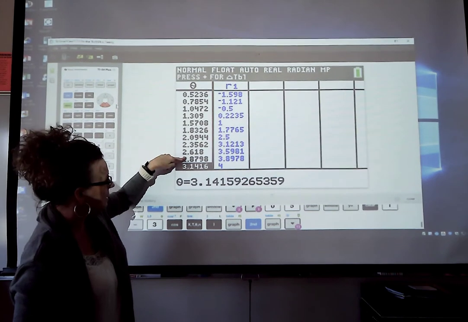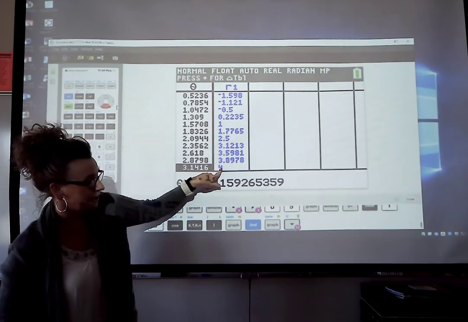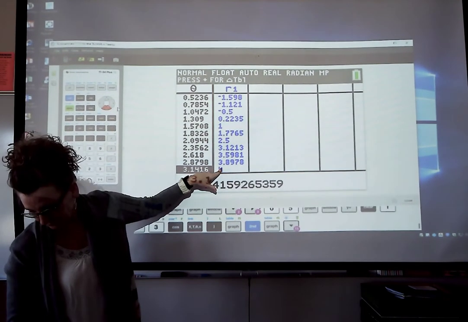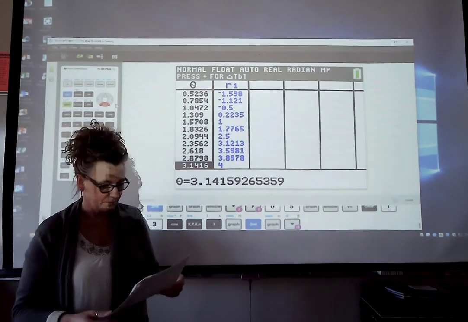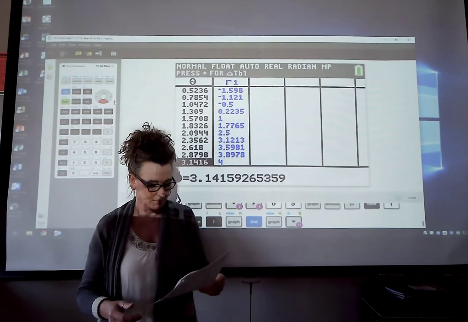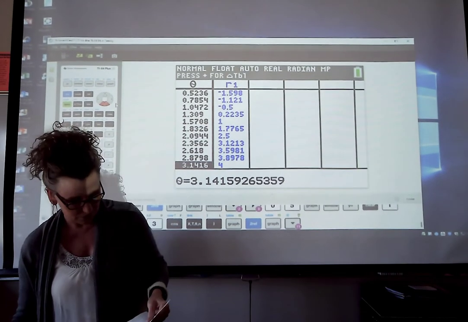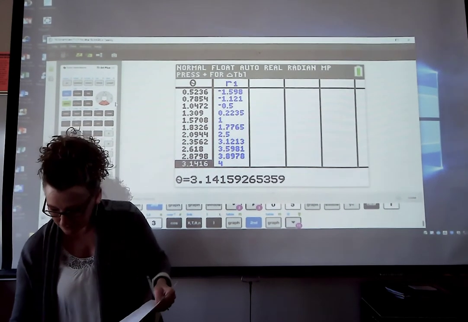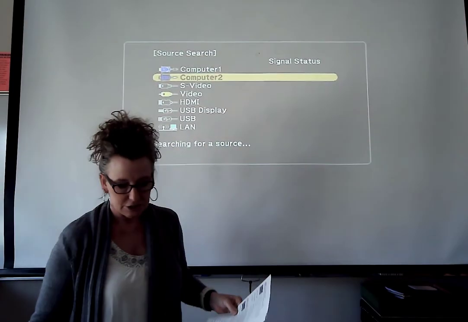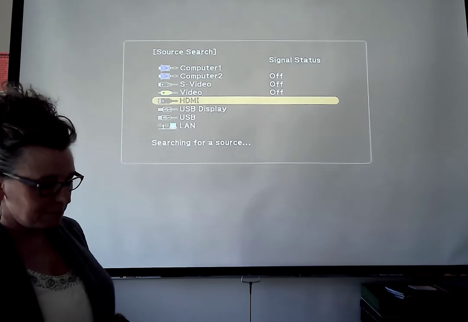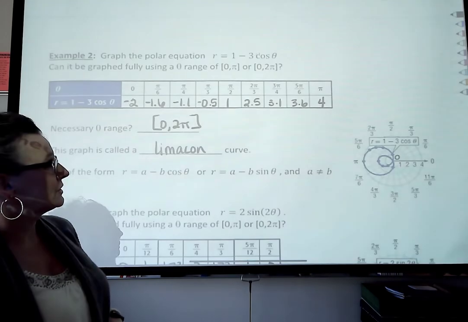We're going to skip that one. 12 pi over 12. Write it. Okay, back to the notes. Let's just double check and make sure you copied down the right values for the table. Pause the video if you need to.